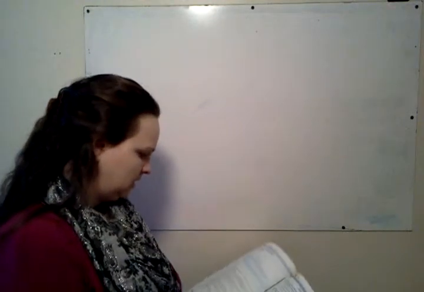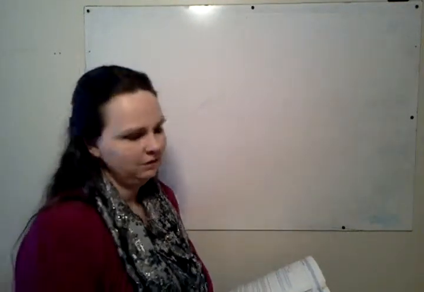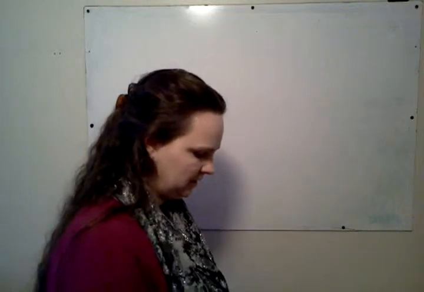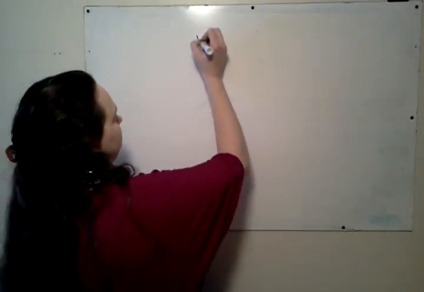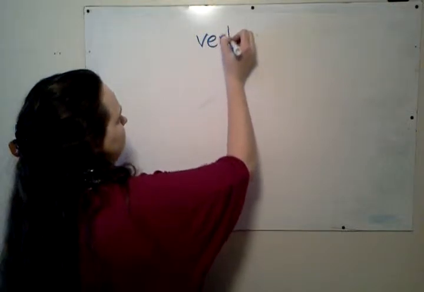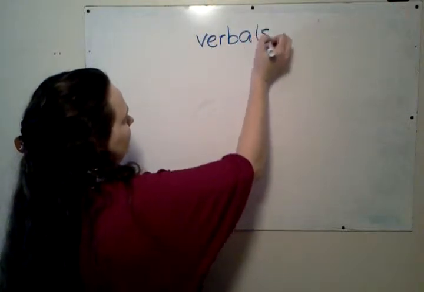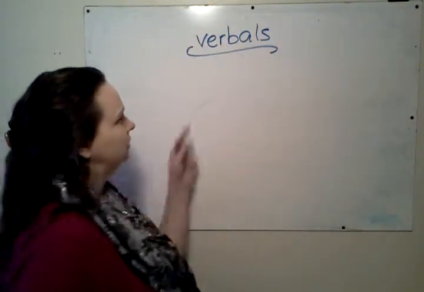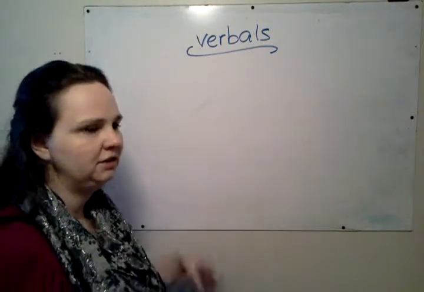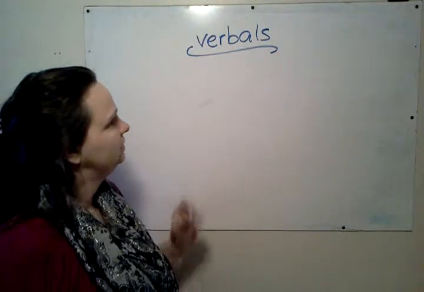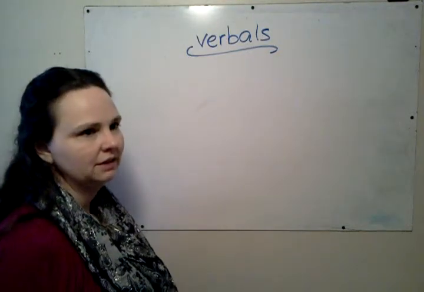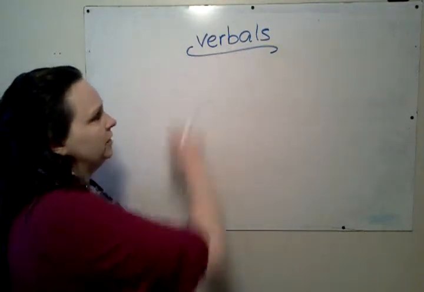Moving on, verbals. What are verbals? We skipped this in the noun chapter, so I'm going to take a minute now to cover verbals. A verbal is a general term that is used to describe 3 specific verb forms. See the word verb in verbals?